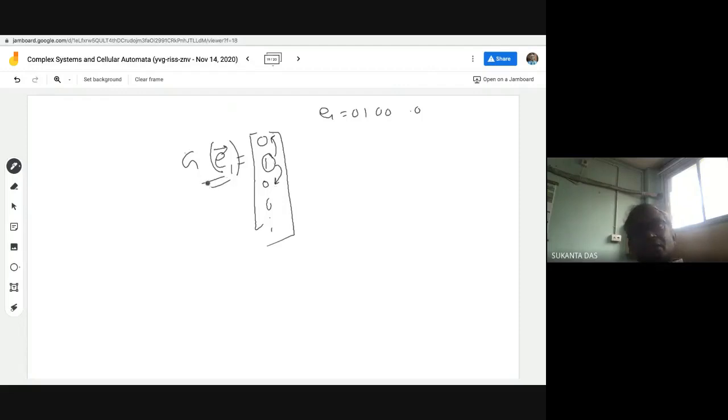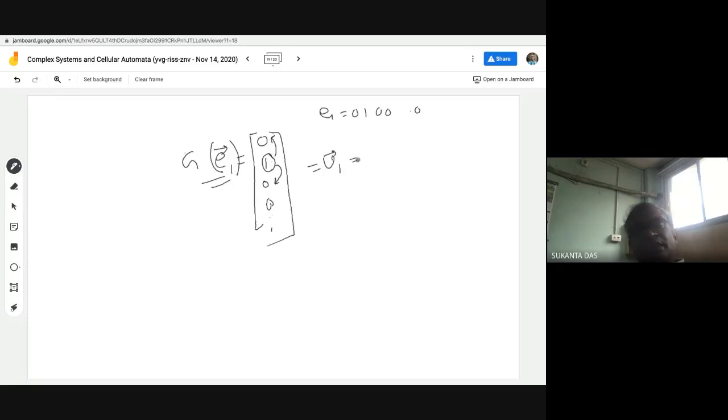So on the next configuration, the effect of this one cannot have an impact on these cells, right? It's obvious. And suppose this is actually my V1.